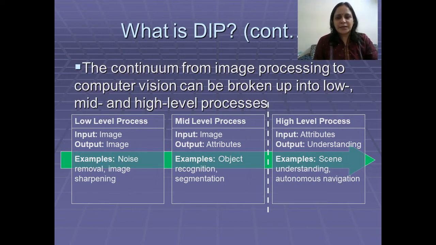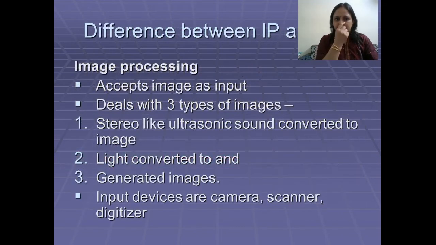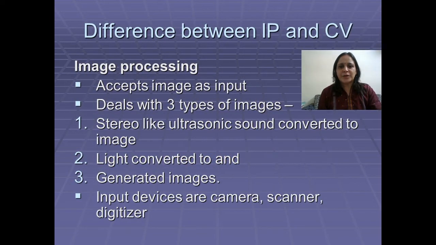So it is very important to understand what kind of processing you can perform on an image. The major difference between image processing and CV is that in image processing we accept an image as input, and in most cases we give an image as output again, because we are removing noise and enhancing the image.